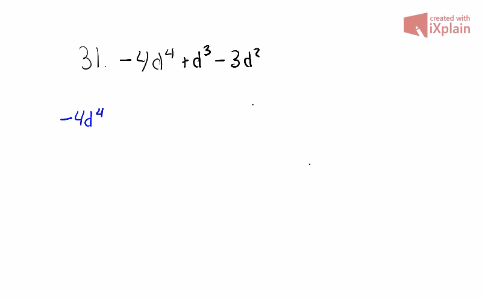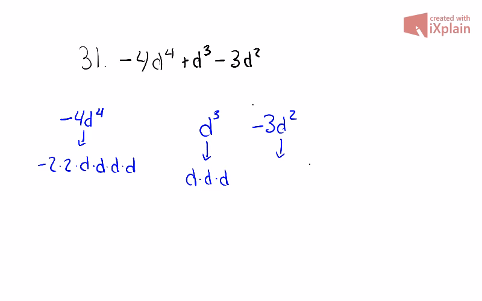So I know that negative 4d to the 4th would break down into negative 2 times d times d times d times d times d, right? There's 4 d's there. I know that d cubed would break down into d times d times d. And I know that my negative 3d squared would break down into negative 3 times d times d.